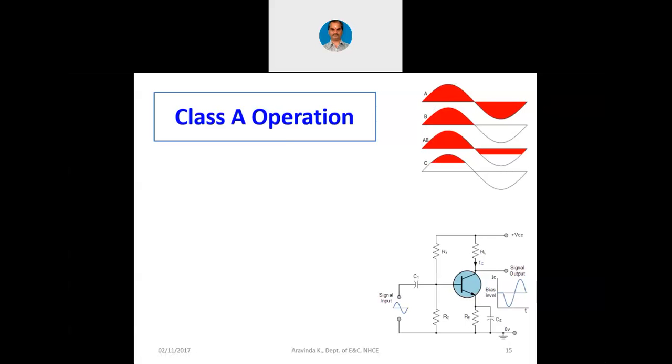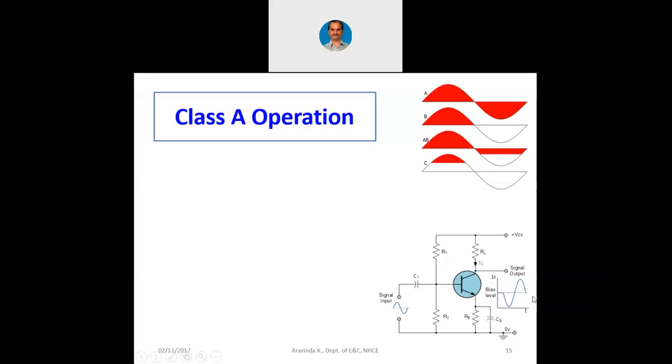So now using this class A operation, we have to have the full cycle of the input at the output. At the bottom you are seeing the circuit diagram, where we are again using a voltage divider bias network for amplification, and the input signal is 360 degrees, and even the output signal is 360 degrees, with a 180 degree phase shift.